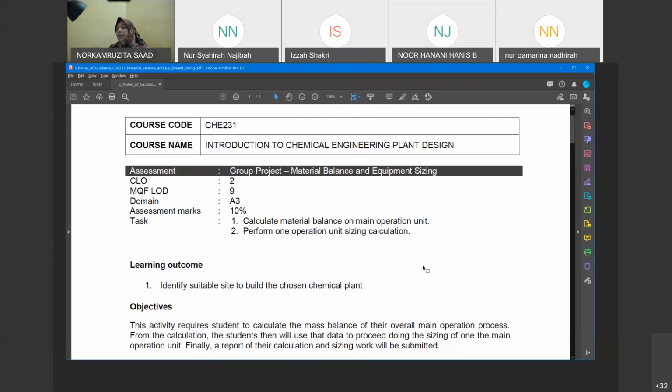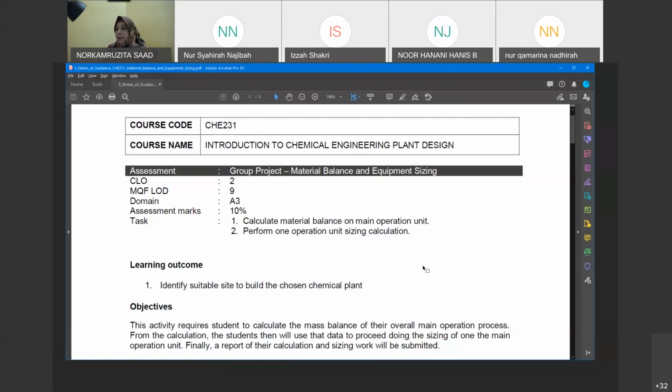You have learned about these things already. At the same time, you learned how to do the mass balance of the given equipment. So in this part, I would like you to have only the material balance for the equipment that you have chosen.